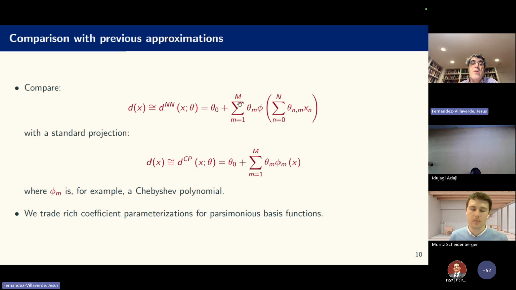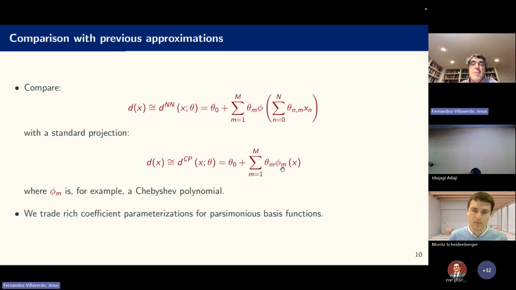And then you have a linear combination from m equal to 1 to M, depending on how many activations of the data you have. And over here, you also have a linear combination of the different Chebyshev polynomials. What changes is in the phi. In the phi, we are just going to take a linear combination of the features of the data, which remember are the states of the model, and we activate them with the activation function phi.